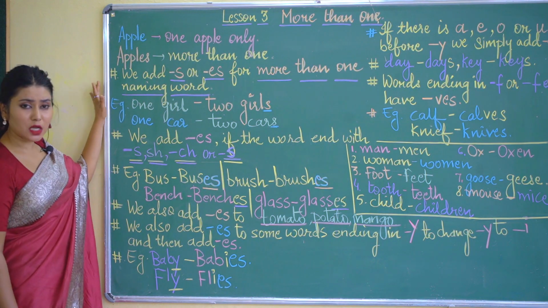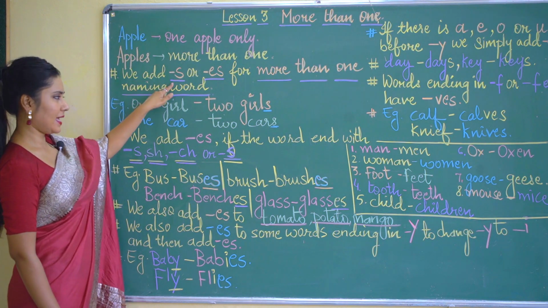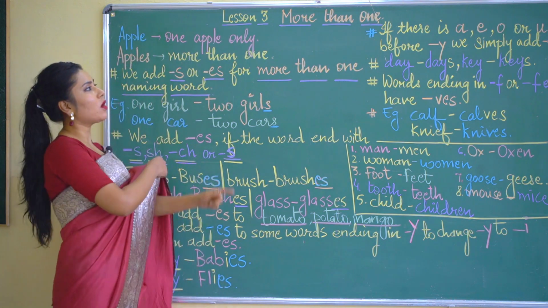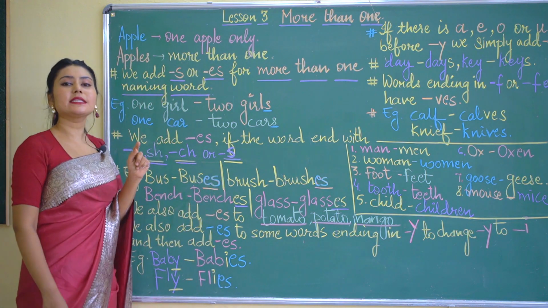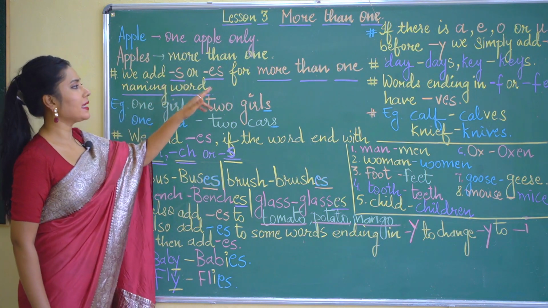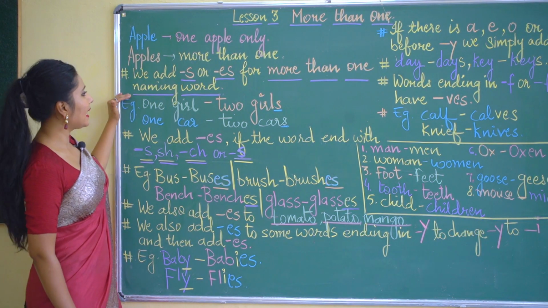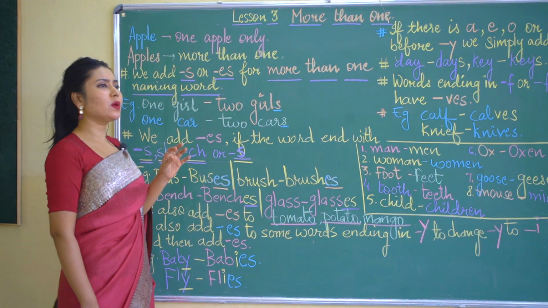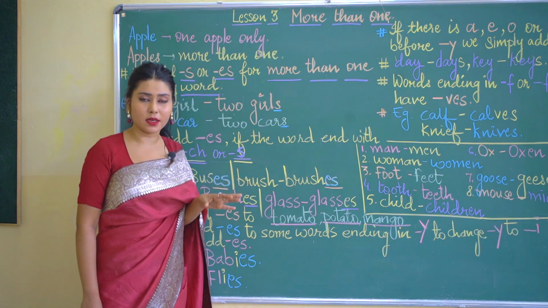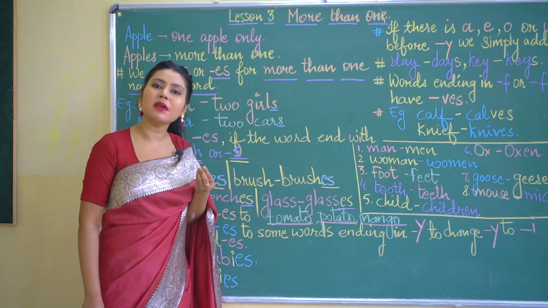Now we have the first rule entered here: we add S or ES for more than one. Children, the name of the lesson itself says it's about more than one. So you add S or ES to naming words. Children, we will be discussing everything about naming words again today, because you will add S or ES to naming words only.